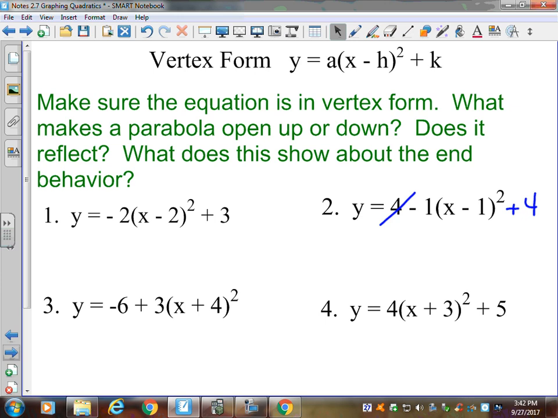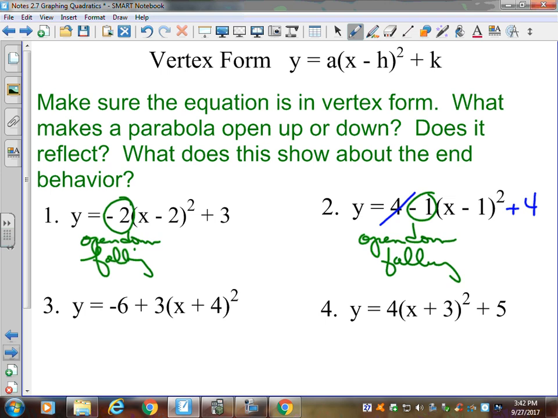So in our previous problems, the number in front of x squared was the one that told us whether it opened up or down for the parabola. So in this case, this negative 2 in front multiplied is still representing A. So it's still going to be opening down, which makes it falling. This negative 1 also makes it open down and falling.